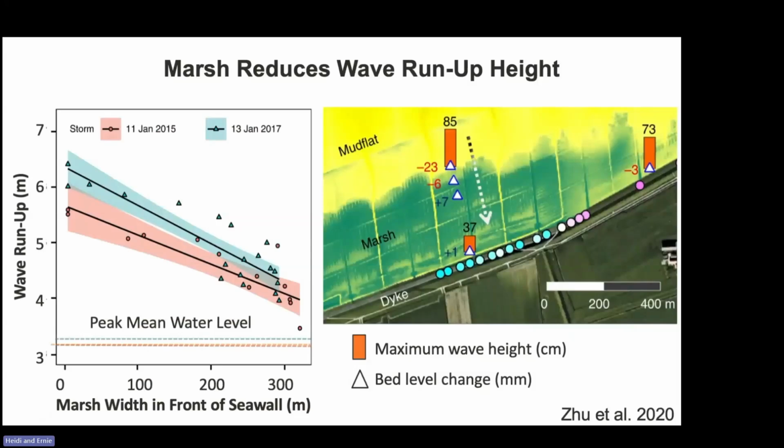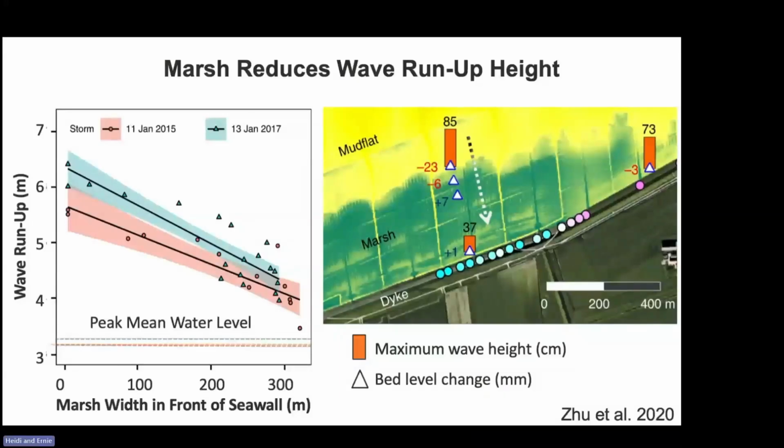So smaller waves at the seawall produced less run-up, and this plot summarizes two storms where the horizontal axis is the marsh width in front of the seawall, and the vertical axis is the wave run-up on the seawall. The data show that within a given storm, wave run-up was reduced as marsh width increased. And again, note that the wave run-up far exceeded the mean water levels, which are shown with the horizontal dashed lines, which again highlights the important role of waves and wave reduction by the marsh.